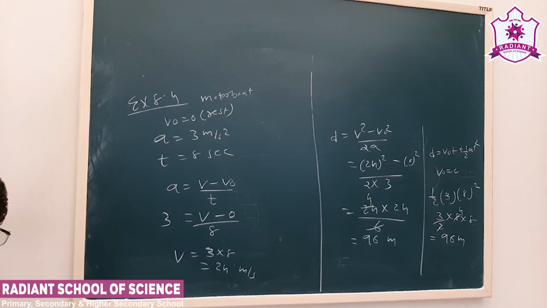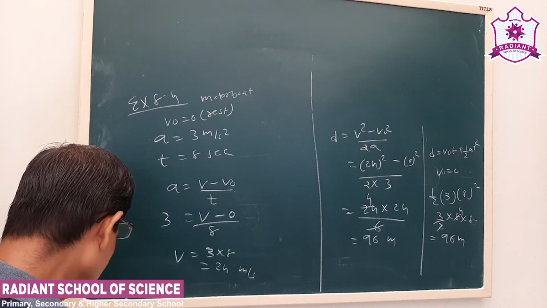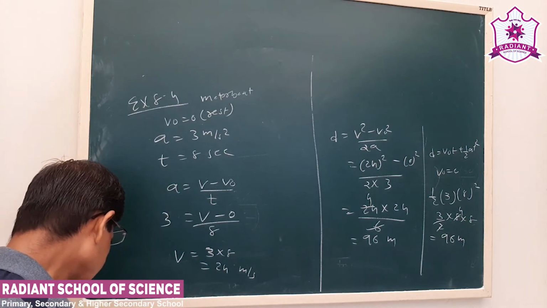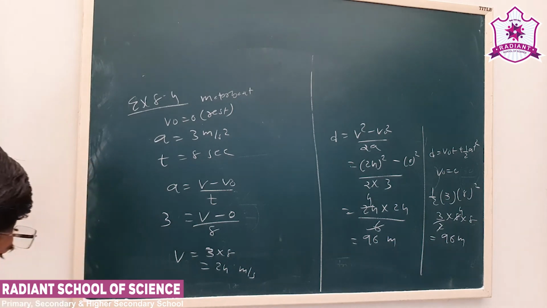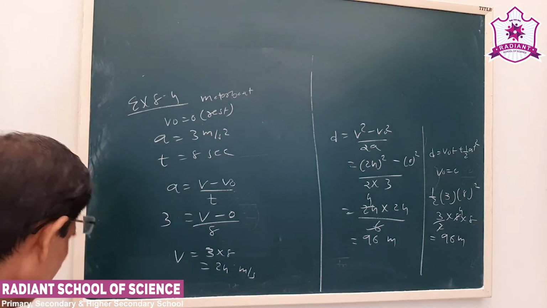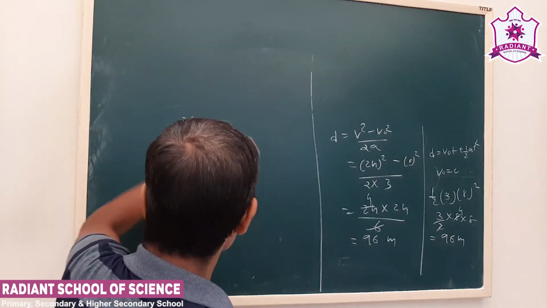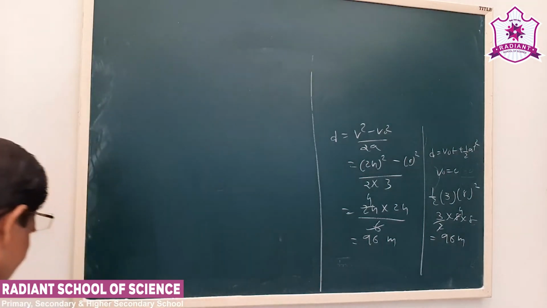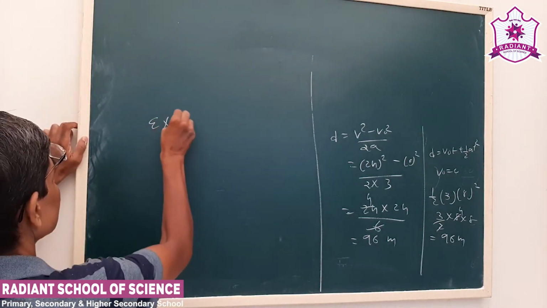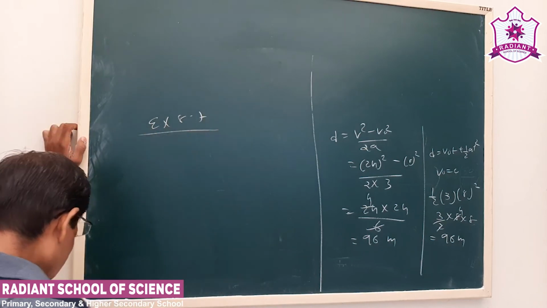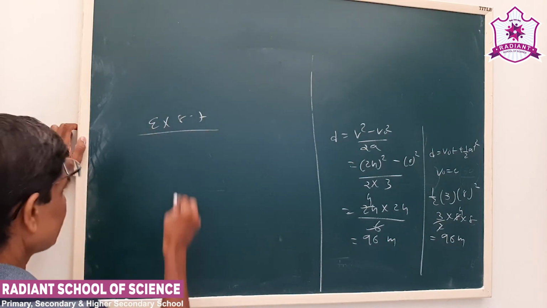Now see, the next is a graphical question. That I will do in the class. Now, exercise sum number 8.7. A ball is gently dropped from a height of 20 meters.